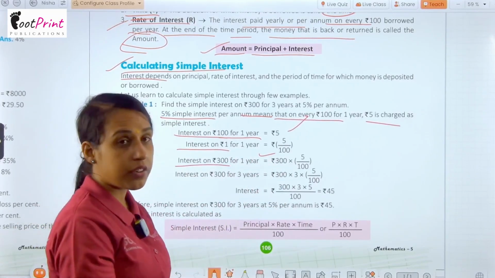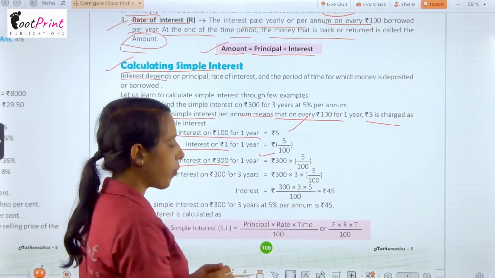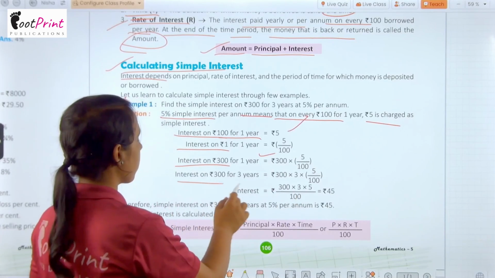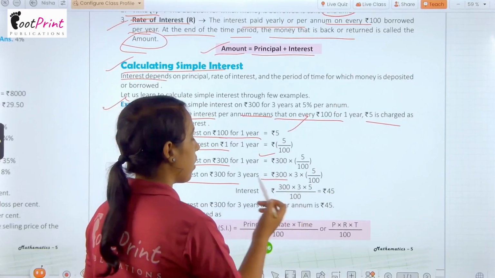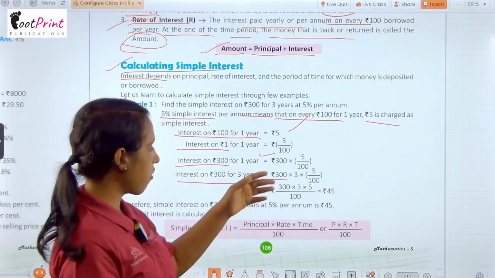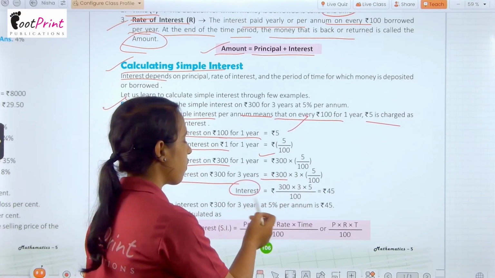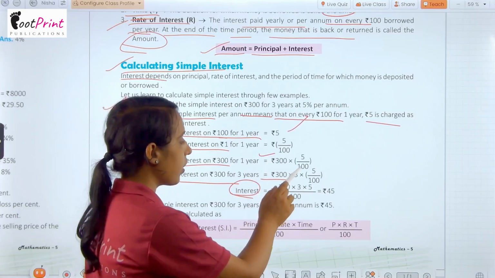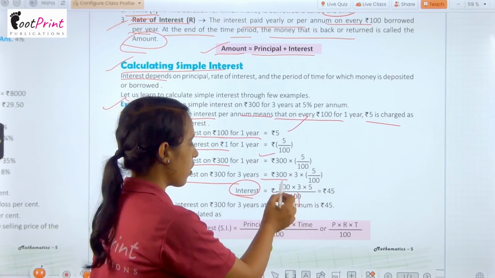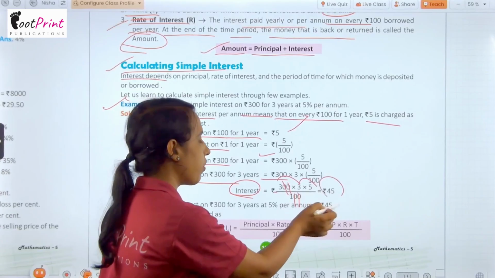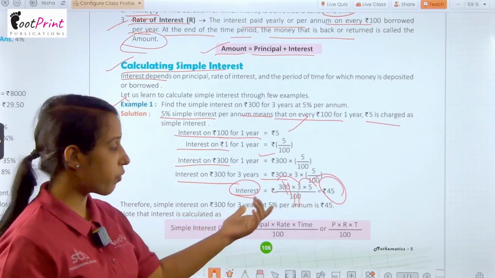Interest on 300 rupees, so 300 into 5 upon 100. And interest on 300 rupees for 3 years will become 300 into 3 into 5 upon 100. After cutting the zeros, 3 3s are 9, 9 5s are 45. So the simple interest is 45 rupees.